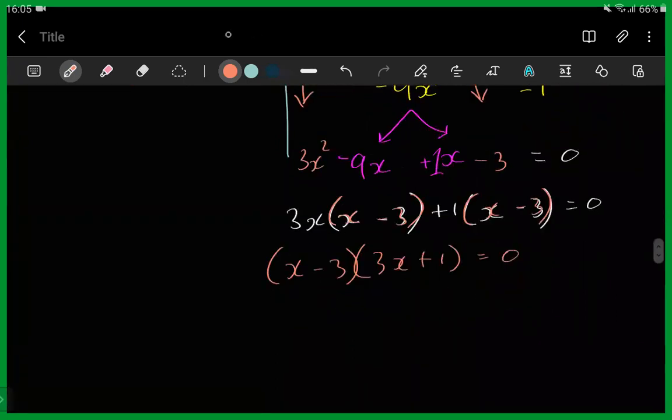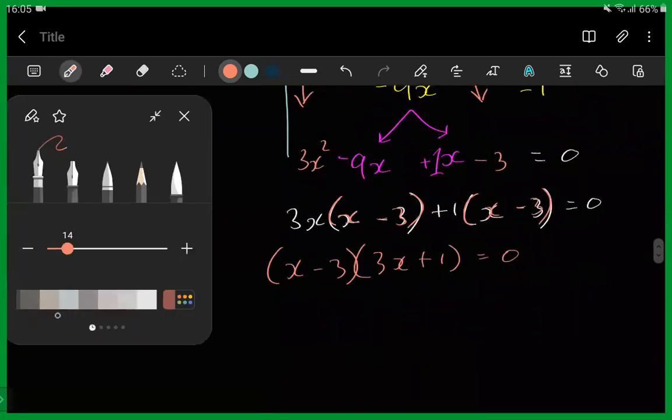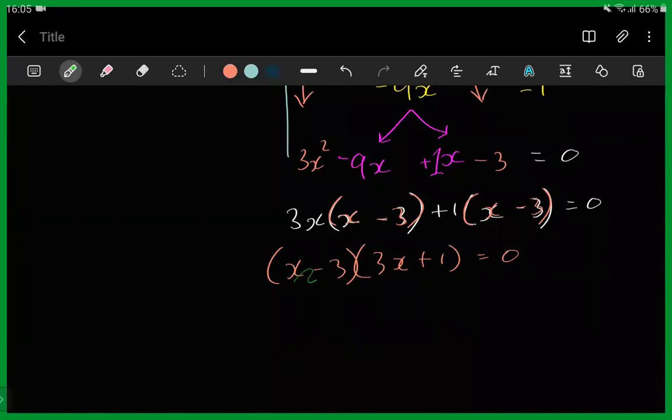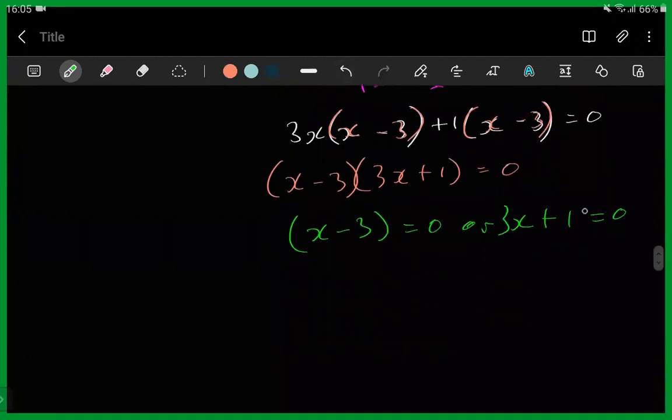By doing that, you can see this bracket is going to give us the 3 that we already have. The other bracket is going to give us another answer that we did not have. The 1 goes over here, it's minus, divide by 3, you have x is equal to negative a third.